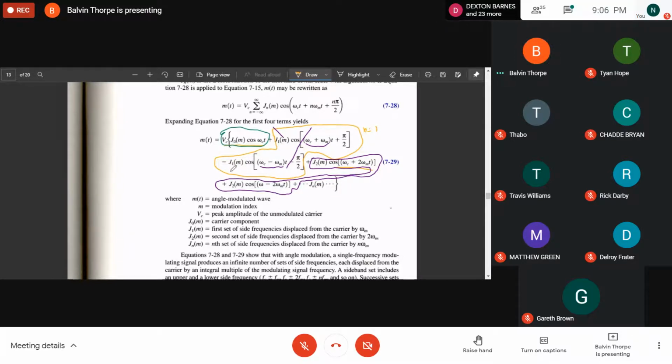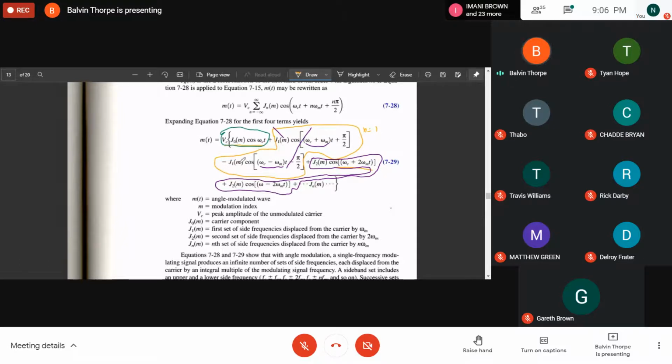Now, this is the thing I was talking about earlier, going back to Miss Henry's question. You notice the magnitude here is minus 0.44 times 10.